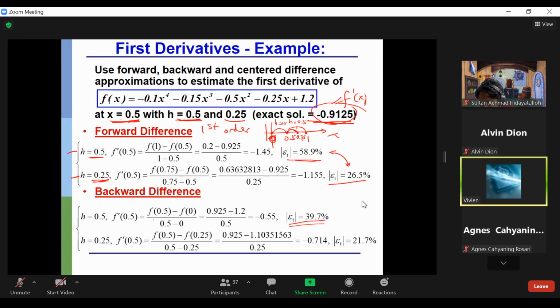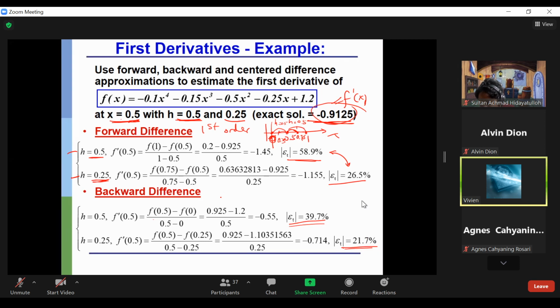With half of the initial interval size, we calculate the gradient as f at 0.5 minus f at 0.25, divided by delta x, which is 0.5 minus 0.25. The error here will be 21%.